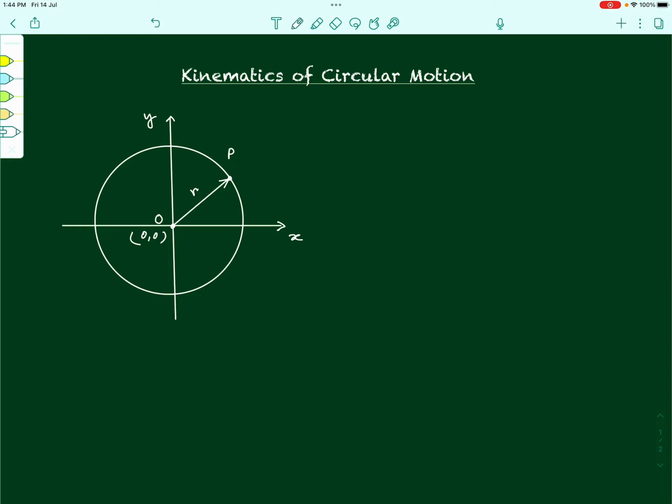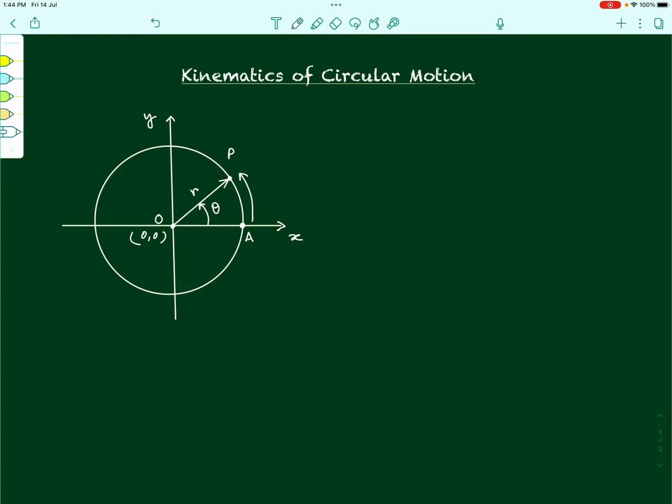And we also define the angle that this body has covered, assuming that let us say the body started off from the x axis from the point A, and having travelled a certain distance along the circular path, at the center it has subtended an angle theta.